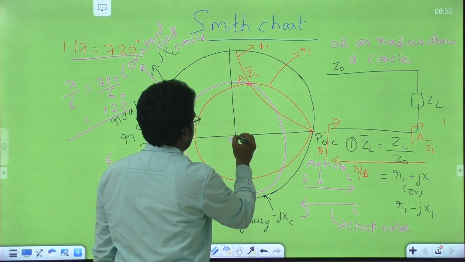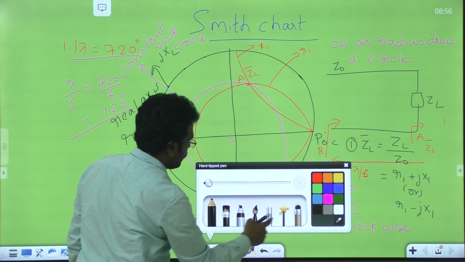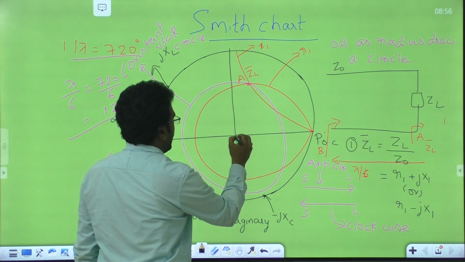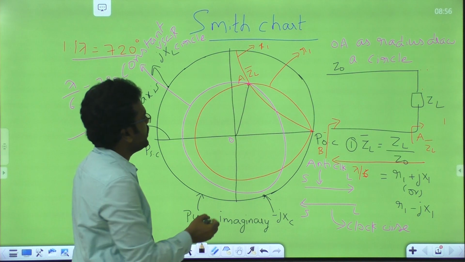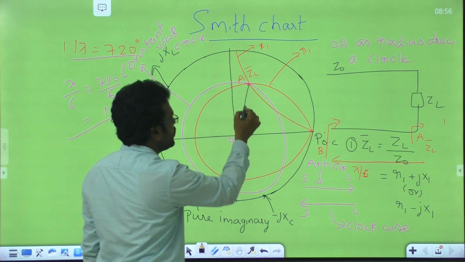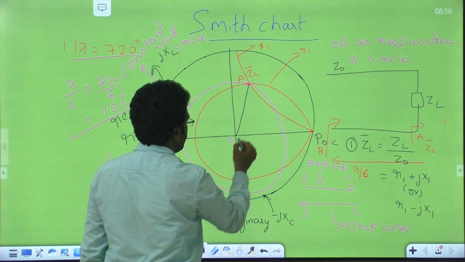Now we should take this as a reference line, OA as a reference line. So from this, use a protractor and plot 120 degrees.